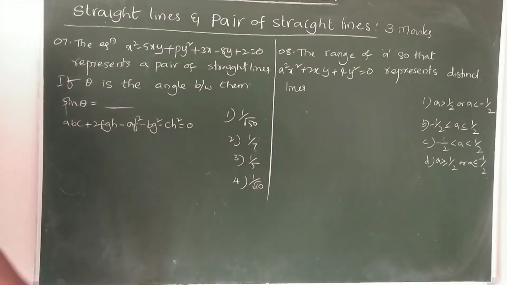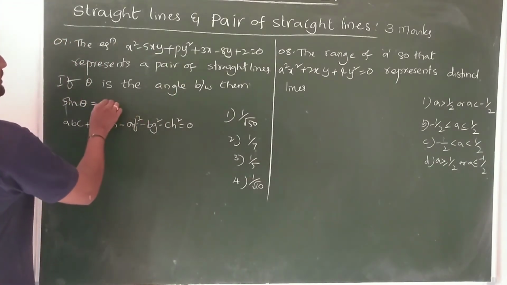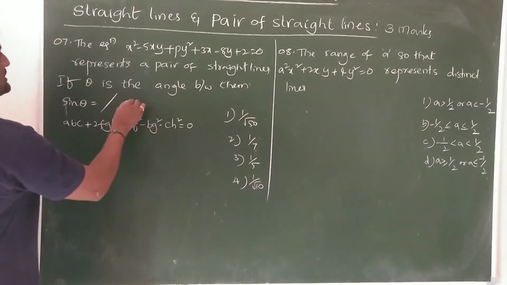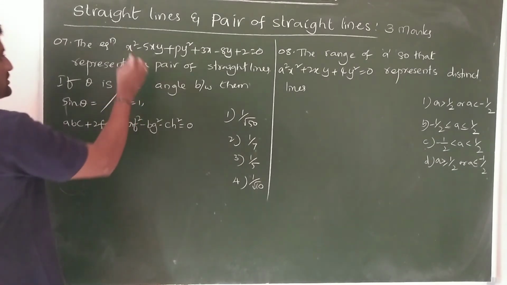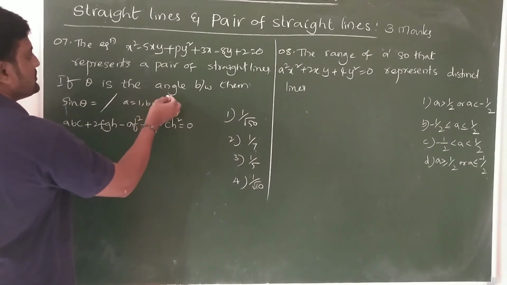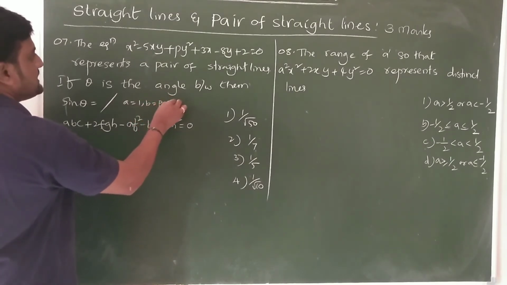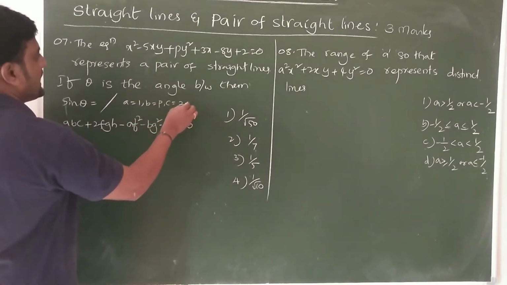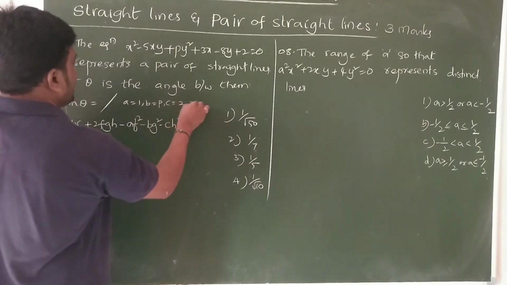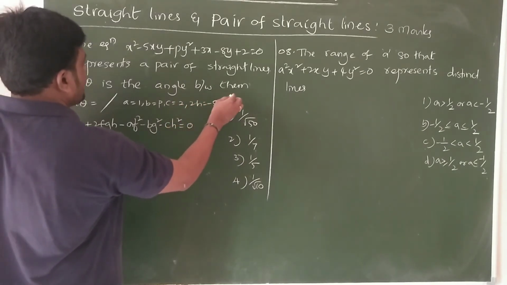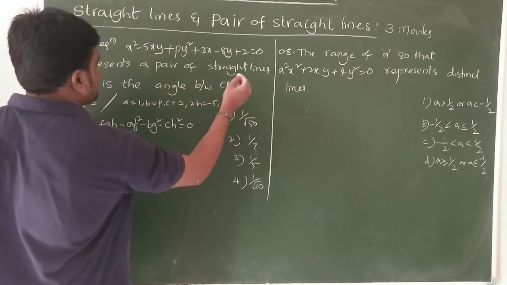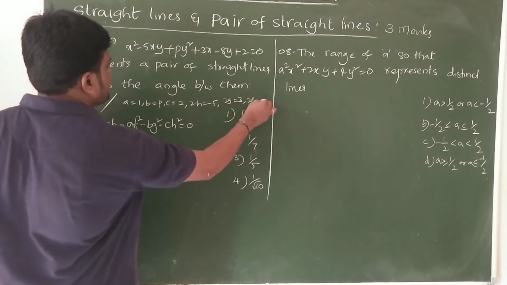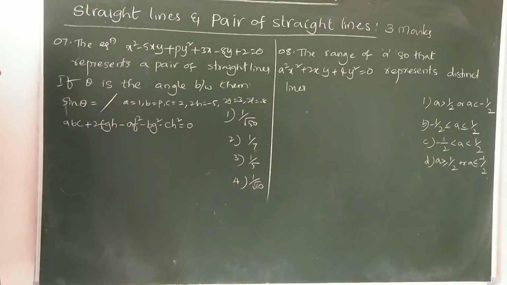Here we know a equals 1, the x square coefficient, b equals p, c equals the constant 2, and 2h equals minus 5, 2g equals 3, 2f equals minus 8. Okay, let's substitute.